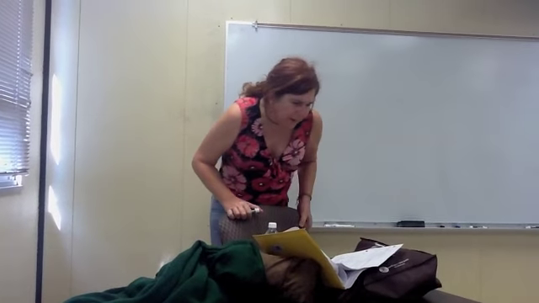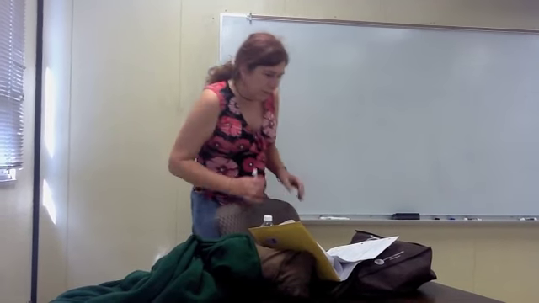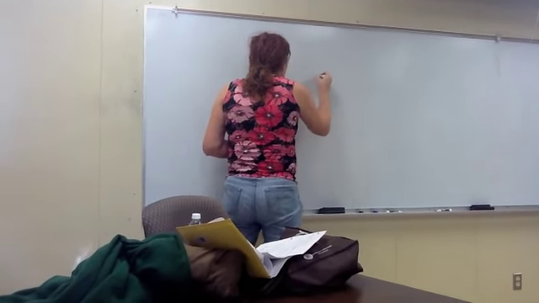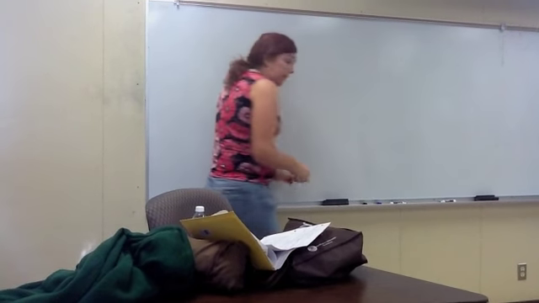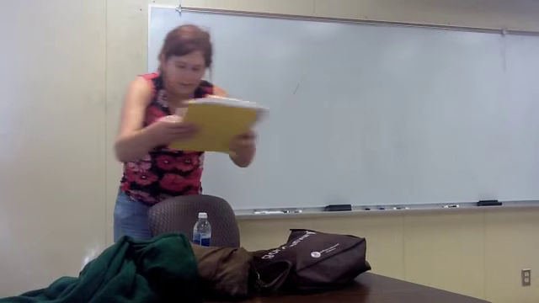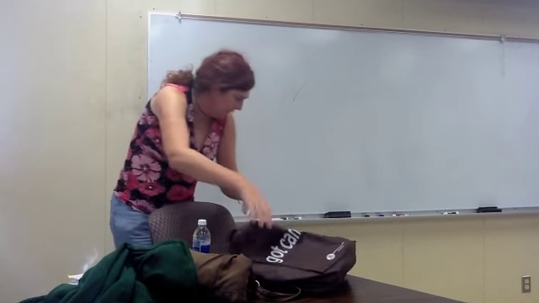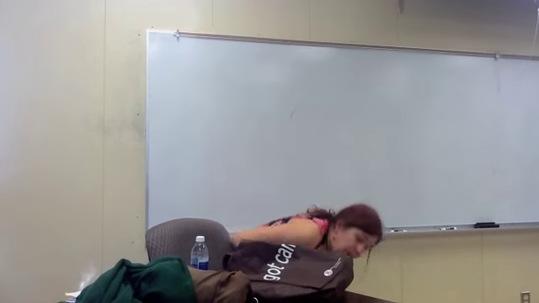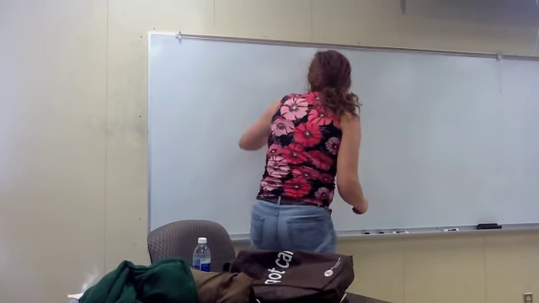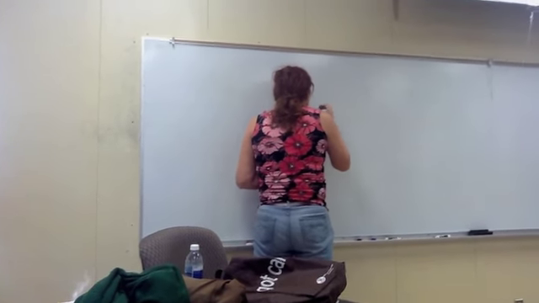Okay, so the first one: find in polar form the velocity vector when you get to y max over 2 the second time. Or y max over 3.